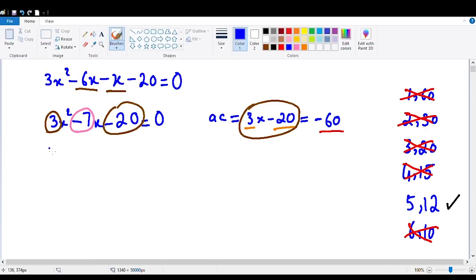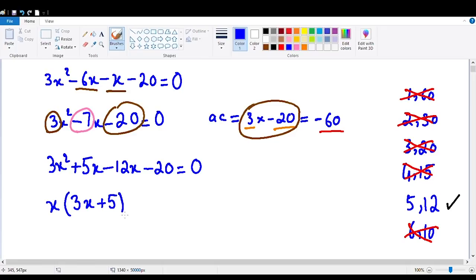So writing it again, 3x squared plus 5x minus 12x minus 20 equals 0. So over here we can take x common, so we'll get 3x plus 5.